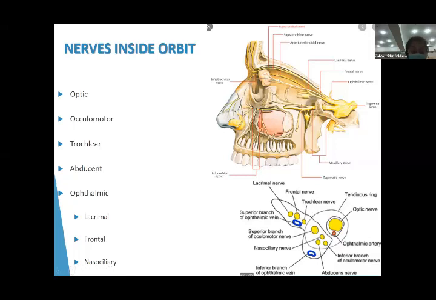Let's go over them one by one. अब इनमें से we've already done the optic in detail, oculomotor, trochlear, and abducent. We've done all of them in our previous lecture. We've done ophthalmic as well in the previous lecture.